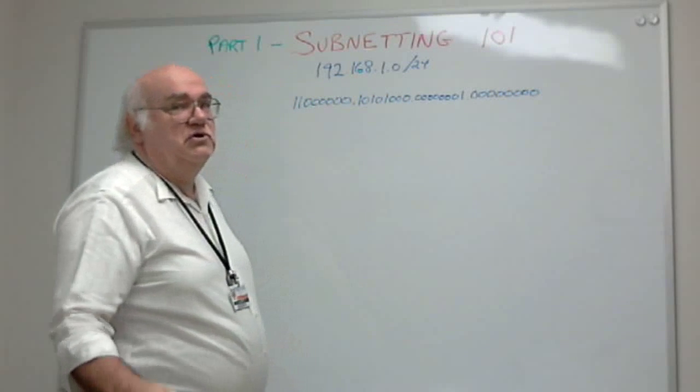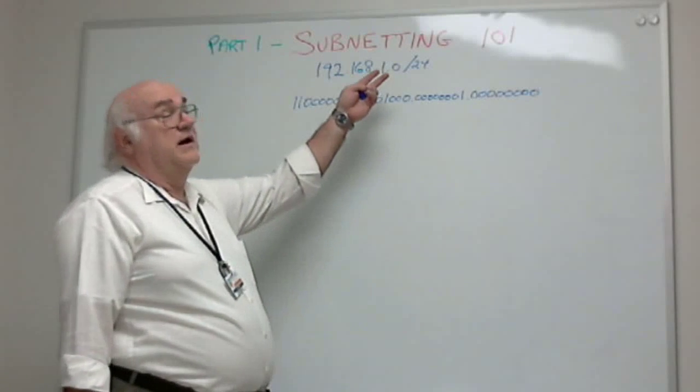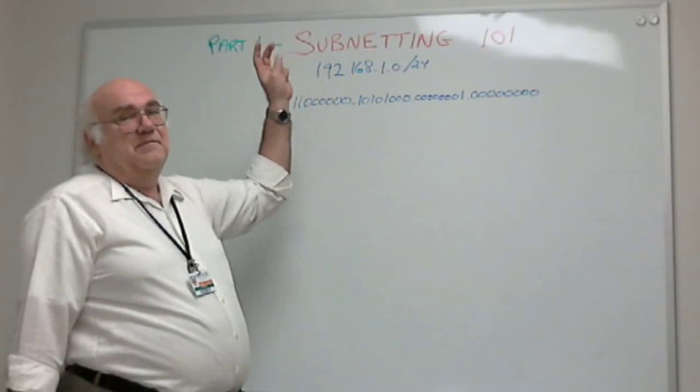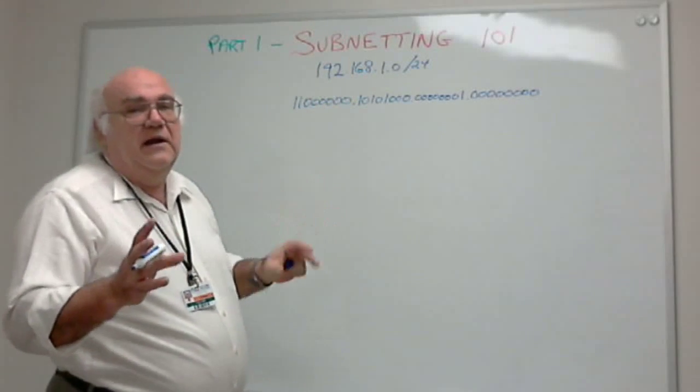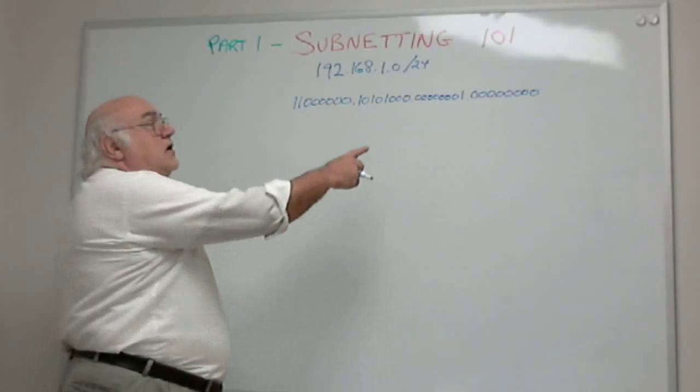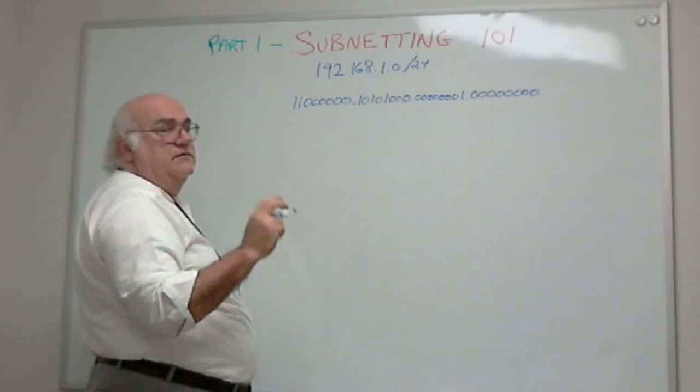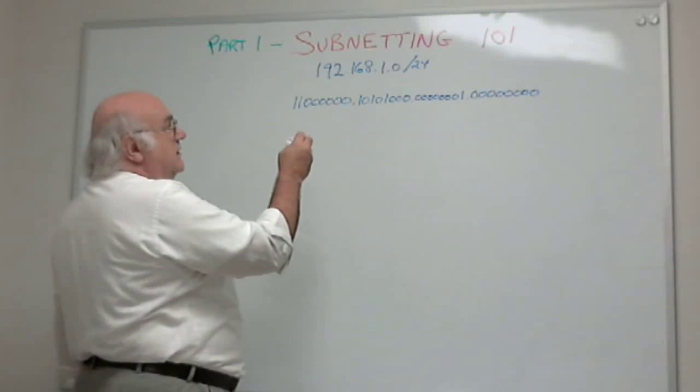Now, you should be familiar with subnet masks. You're already familiar with prefixes because I've been beating that into you for a few lectures. But a prefix is nothing more than a shorthand way of describing a subnet mask. 24 bits, the bit is on.